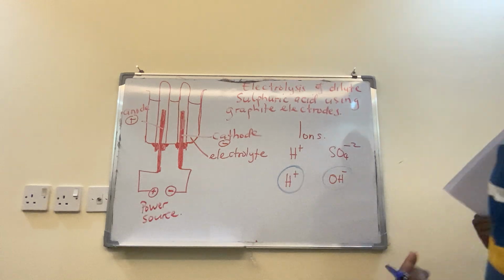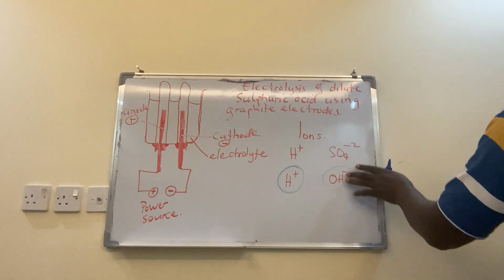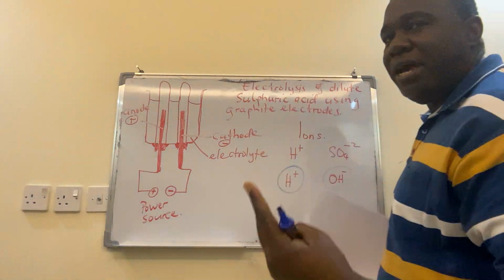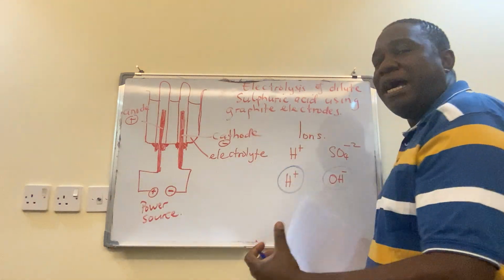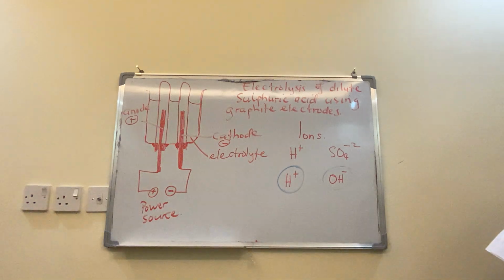But at O level, it's a question of just remembering that the sulfate ion is never discharged when the OH minus is present. Why are we saying 2 ions are discharged? Because we only have 2 electrodes. We have 4, but we are going to discharge only 2. So the sulfate will remain in solution and the H plus will be discharged.